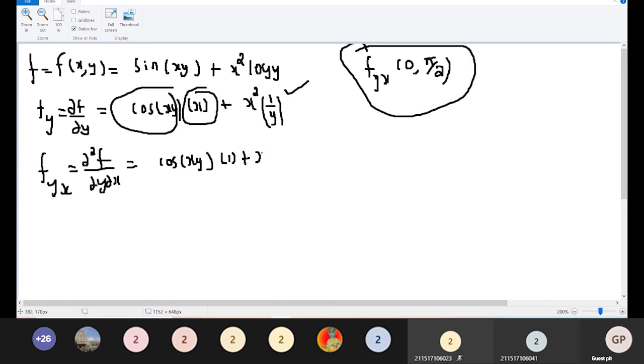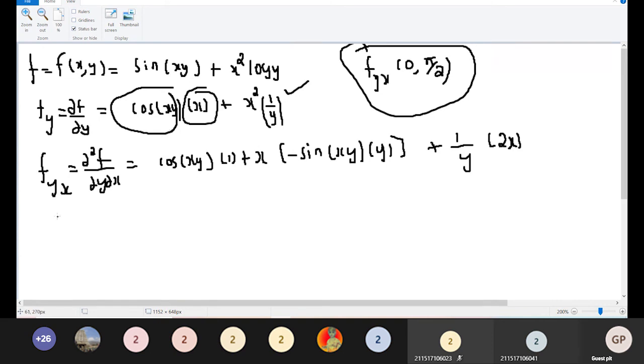Now keeping x as it is, differentiating cos, it will be minus sine of xy into y, with respect to x. Plus here 1 by y is constant, differentiating x square is 2x. Understand the differentiation? The uv formula: first term in the form of uv, so u dv plus v du.